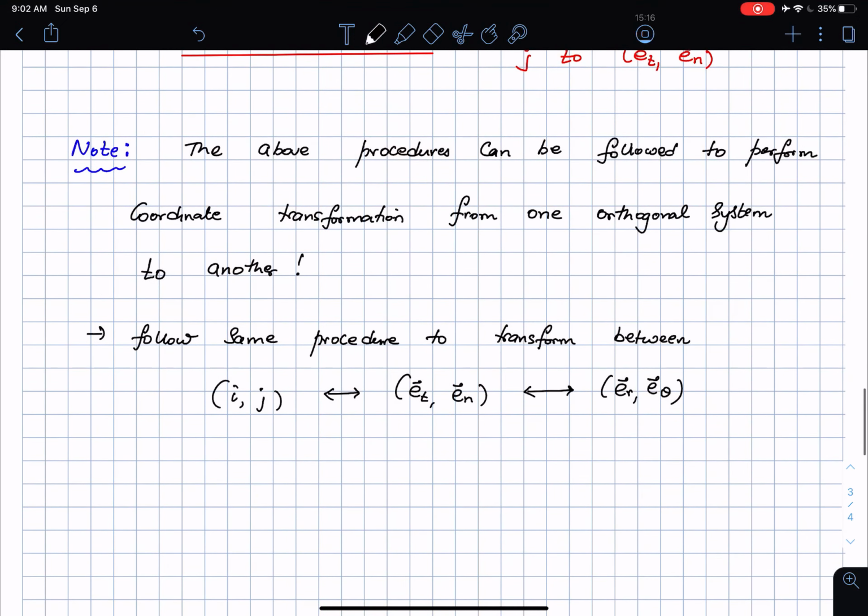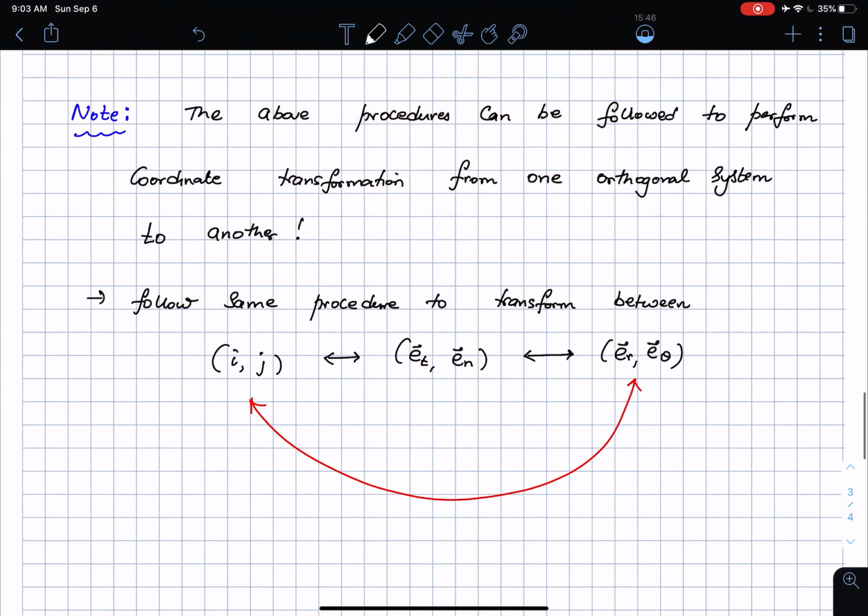I can do transformation from I J to Er and E theta as well. So I can do the following. I can maybe draw some nice arrows here. I can directly transform from here, and then I can do any other kind of transformation that I need. Okay, so it is not necessary that I go from I J to Et En and then get Er and E theta. I can directly also transform from I J to Er and E theta as long as the angles are known.